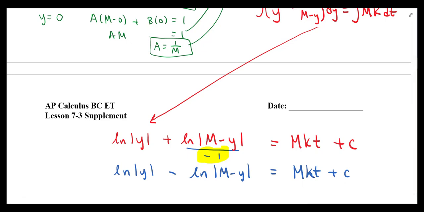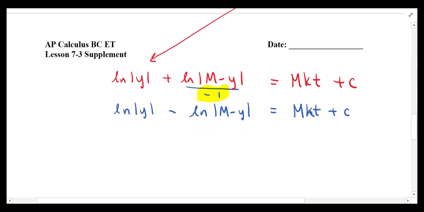Now, you're not done yet because you need to actually solve for y. And to do that, I'm going to ask you to try to combine the logs together on the left-hand side. But I'm also going to do one little trick here to make life a little bit easier for us, and you'll see why in a second. I'm going to ask you now to just multiply everything by -1.